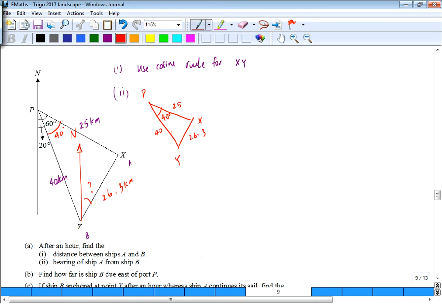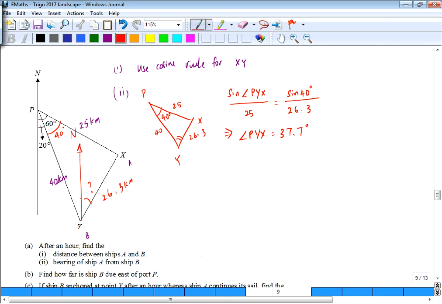So I find this angle first using sine rule. So sine angle PYX over 25 equals sine 40 over 26.3. In other words, angle PYX is equal to 37.7 degrees.